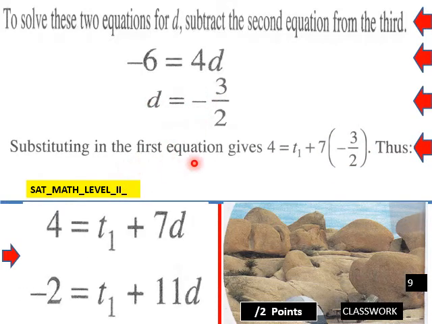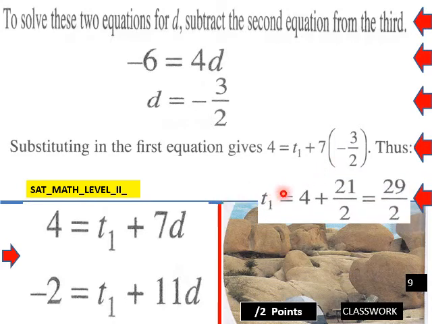Substituting in the first equation gives 4 equals term 1 plus 7 times -3/2. Thus, term 1 would equal 4 plus 21/2. This comes out to 29/2, which will be our first term for that one.